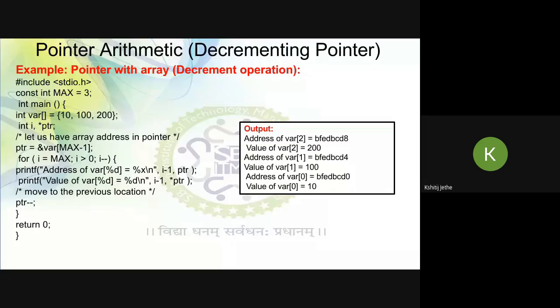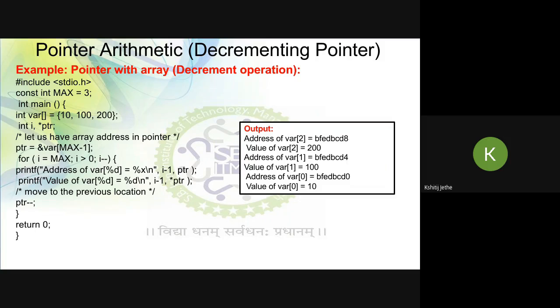Then we have an integer constant MAX equal to 3, which will be fixed throughout the execution of the program. Then there is the var array, which is holding 3 values, 10, 100 and 200. Then we again have two variables: one is a simple integer variable i, and the other is the pointer variable ptr.